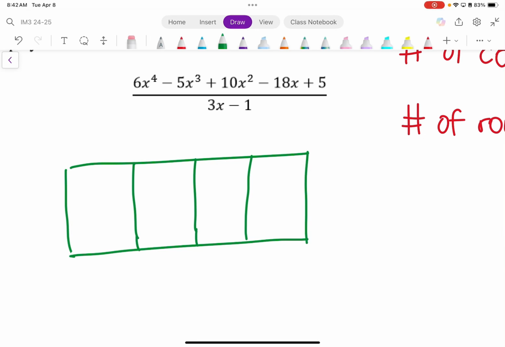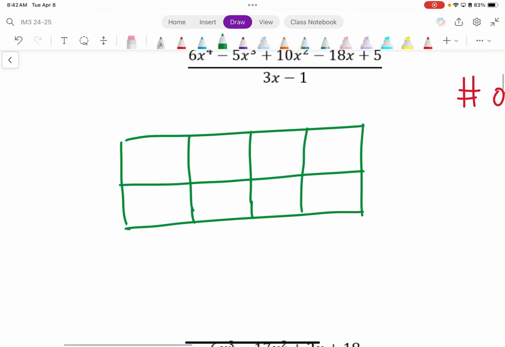Rows are horizontal. Now I am dividing by 3x and negative 1. So 3x is considered one term, negative 1 is considered your second term. How many do we have in total? We have 2 terms, so we have 2 rows in this case. All right, so we have a total of 8 boxes, 4 on top, 4 on the bottom.